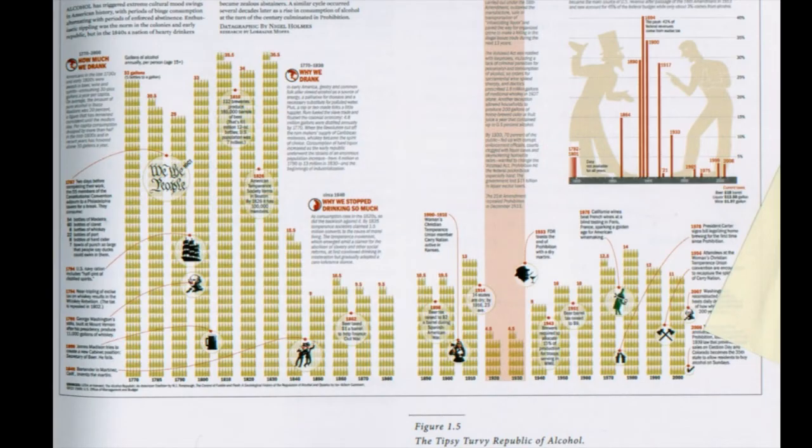if you go back way to the 1770s here, when the Republic began, there was a lot of alcohol consumption here. This is the Declaration of Independence being signed, and people are consuming a lot of alcohol. In some ways, it's because the water was not great, right?